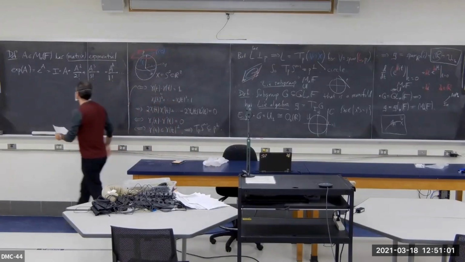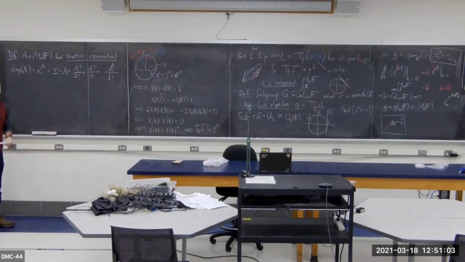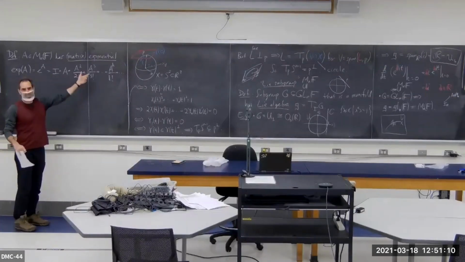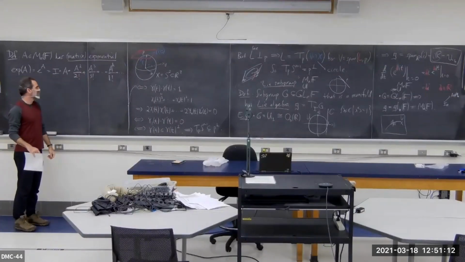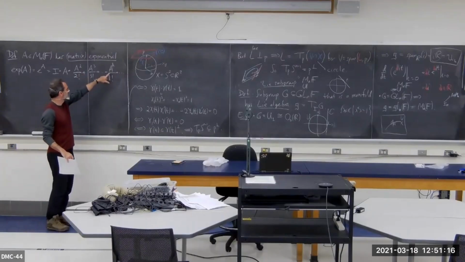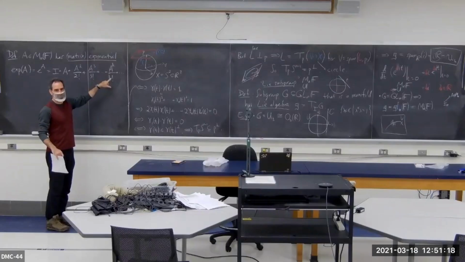You often check using norms, and you show that it is absolutely convergent. The point is, if you look at the entries of these matrices, the entries converge. It's because the entries of a matrix to the k divided by k factorial are very small compared to any polynomial.